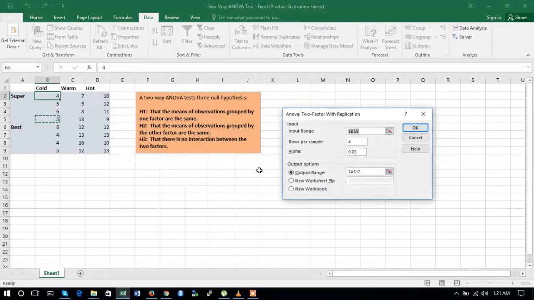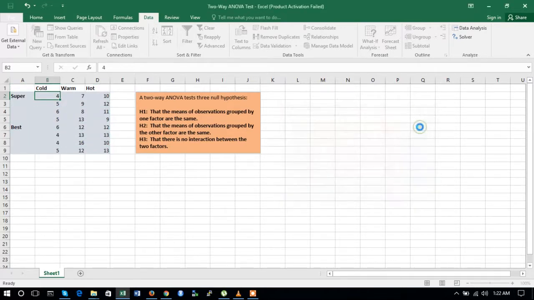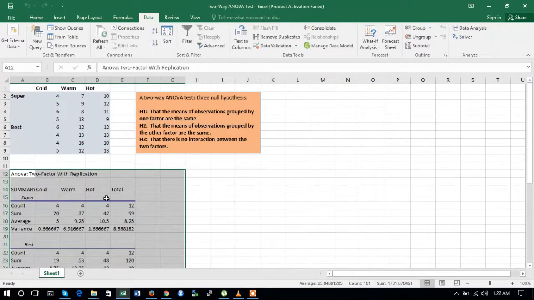So this is the two-way analysis of variance, the two-factor with replication.